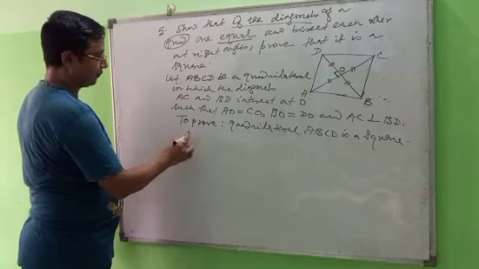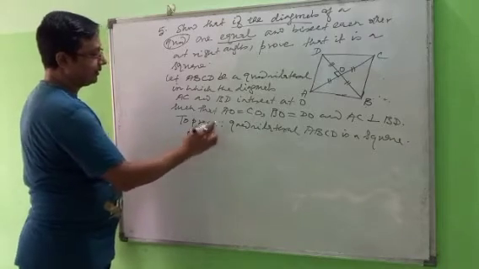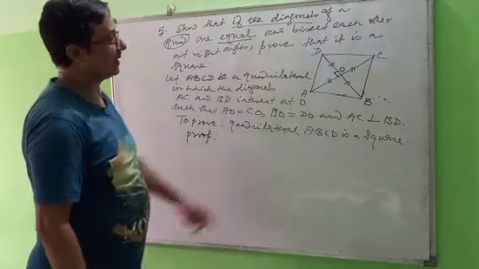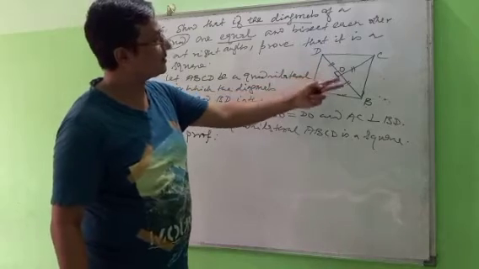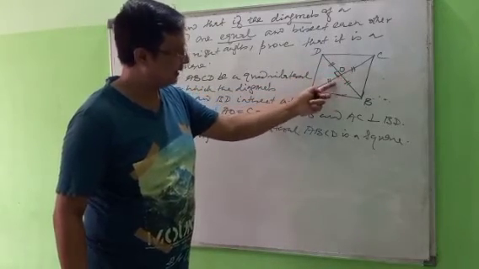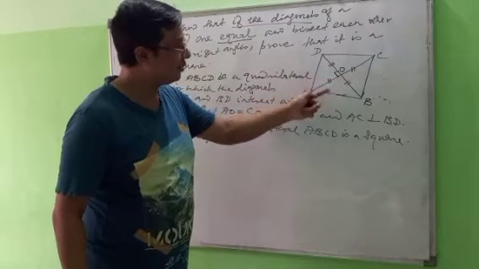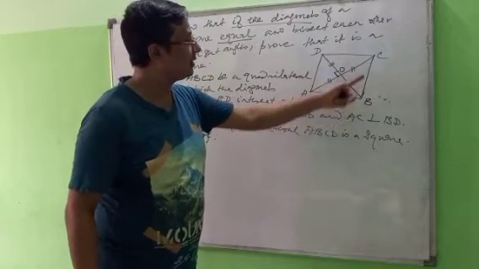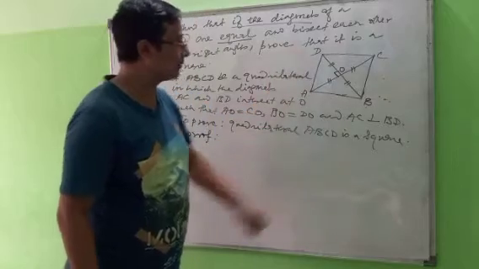So now proof. They have given that the diagonals bisect. From the previous sum you have learned that where the diagonals bisect, from this property you will get that the given quadrilateral becomes a parallelogram.